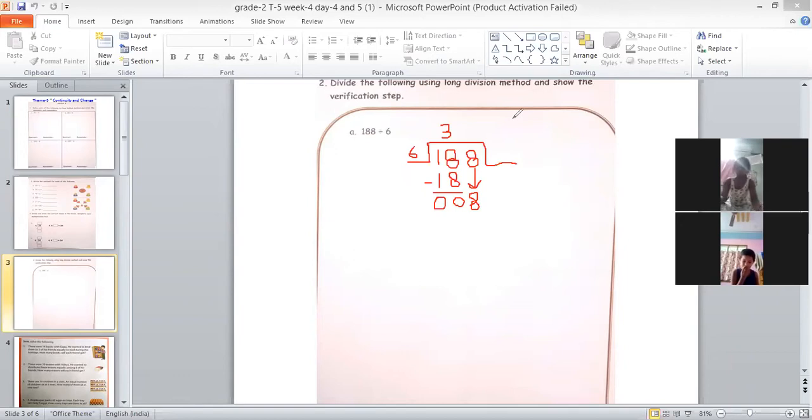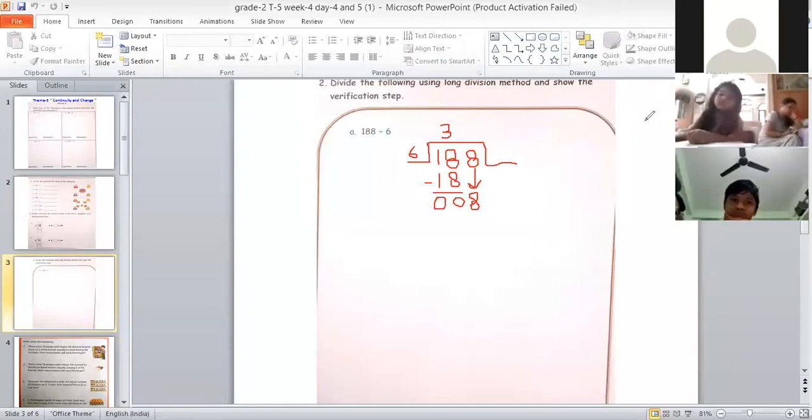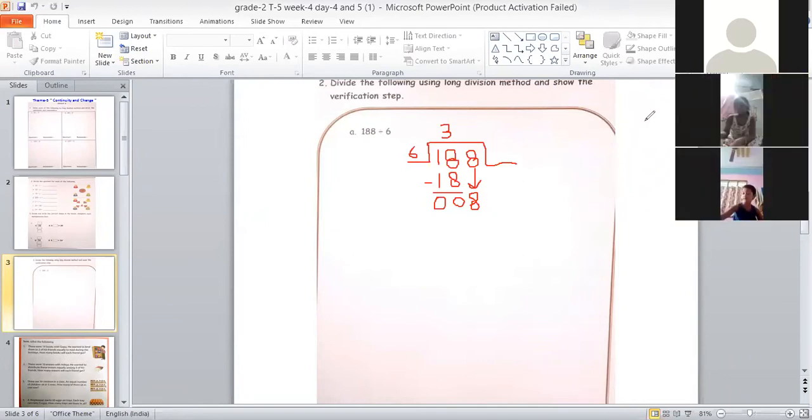Recall the 6 table and tell me, is 7 there in the 6 table or not? Come on. Tell me the 6 table. And your camera should be on, Anik. Quickly tell me the 6 table. Switch on your camera. Anik.